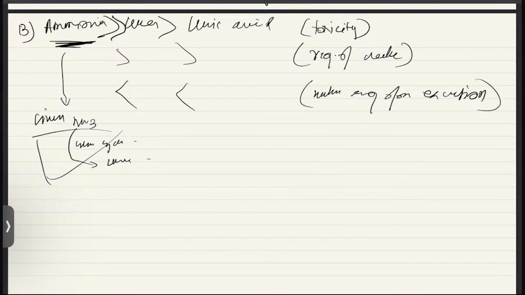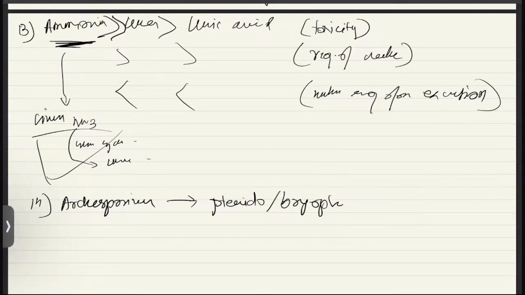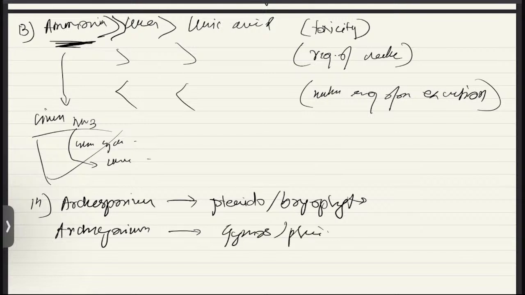It is present in plants like Pteridophyta and Bryophyta. Archegonium is also present in gymnosperms, apart from Pteridophyta and Bryophyta, but we are talking about Archesporium. It is only present in Pteridophyta and Bryophyta.